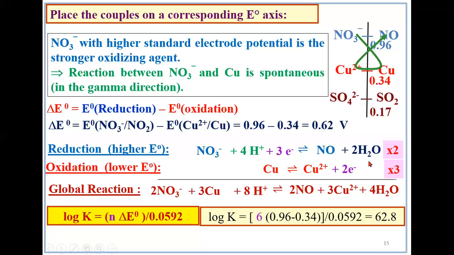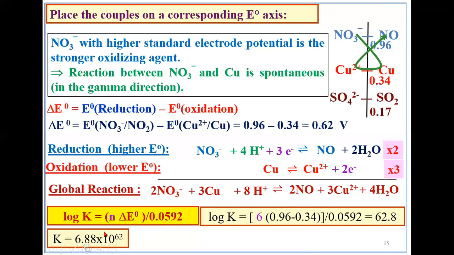I find it easier to think of it as the total electrons transferred, which is 6, multiplied by delta E, which is E reduction minus E oxidation, or simply 0.62, divided by 0.592. You must memorize this equation, okay?